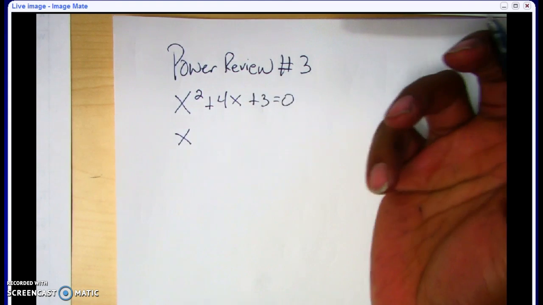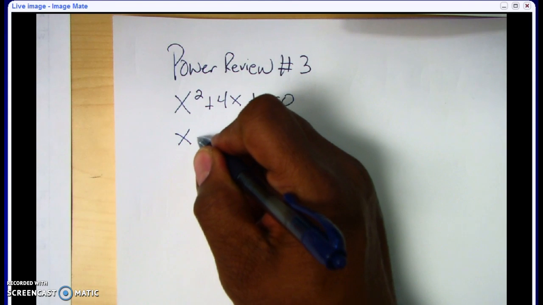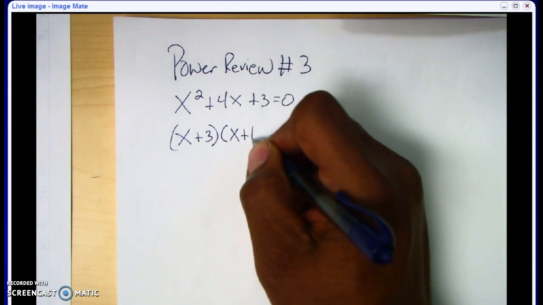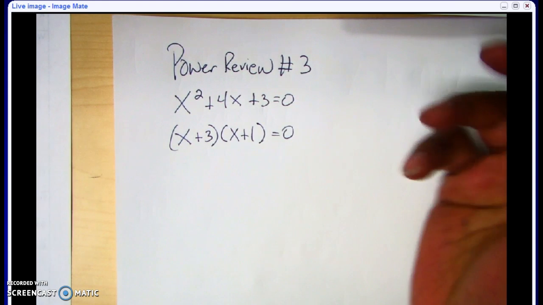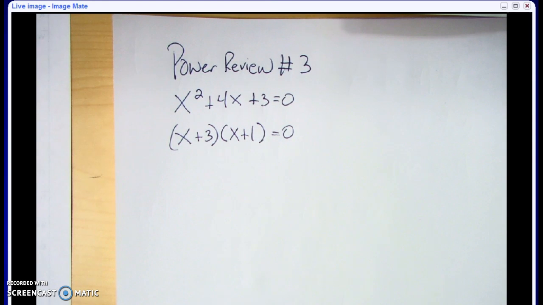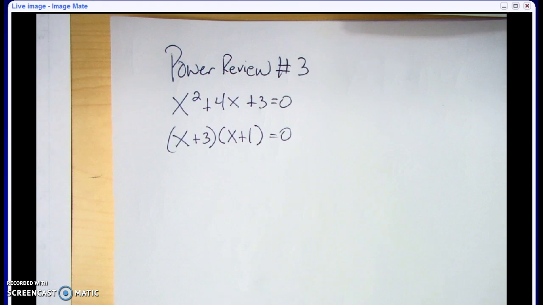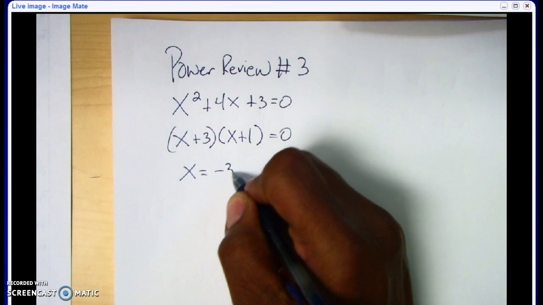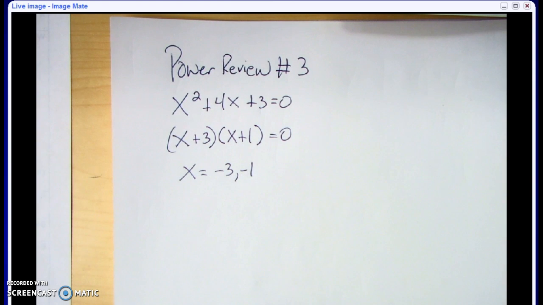You want to look at your solutions as well. So in this case, you'd have x plus 3 and x plus 1 equal to 0. Those are your factors, but they're not your zeros. Your zeros would be x equal to -3 and -1.